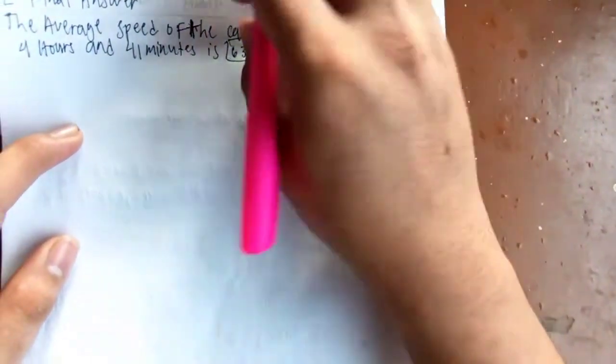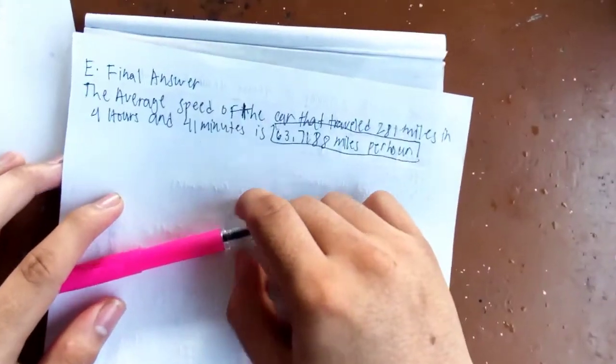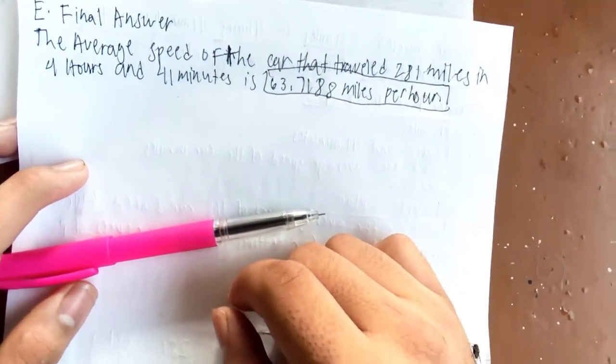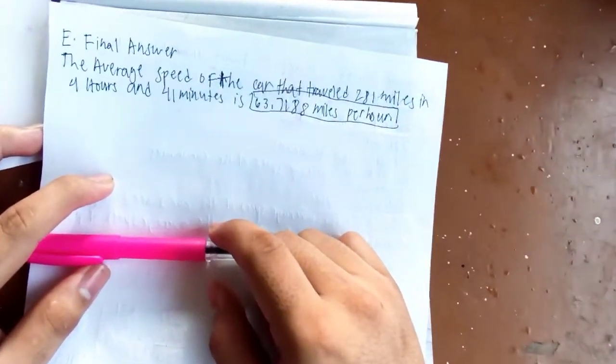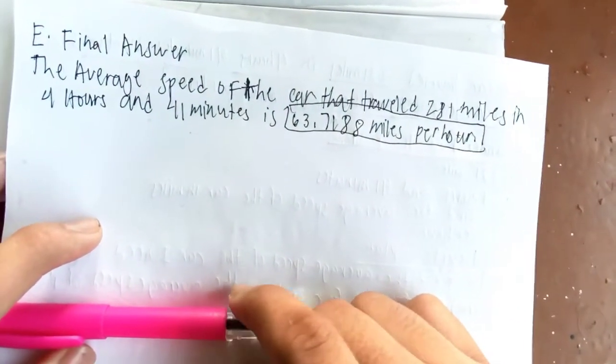So the average speed of the car that traveled 281 miles and the travel time is 4 hours and 41 minutes is 63.7188 miles per hour.